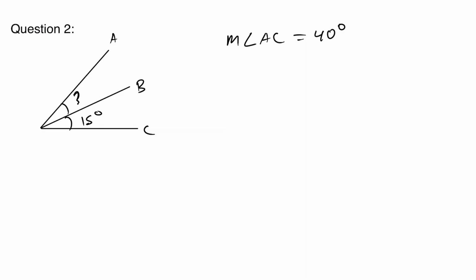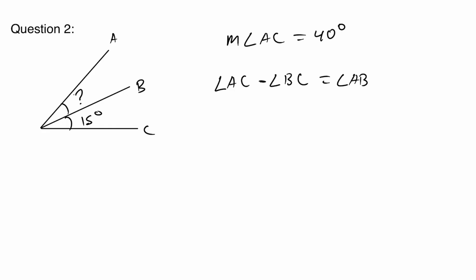How would you do that? That's supposed to be a question mark. How would you find the measurement of angle AB? Well, right now we would take angle AC and we would subtract angle BC. And that would give us angle AB.